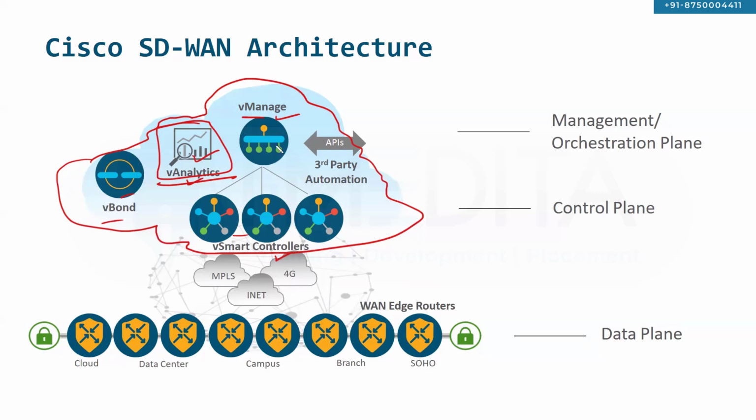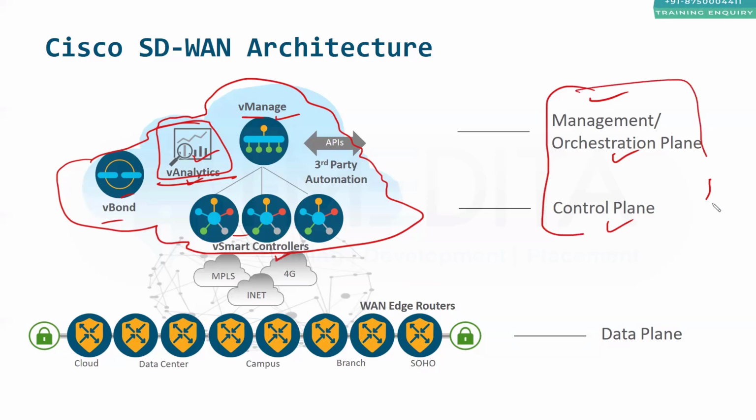Now, if you compare this architecture with some other SD-WAN vendors like Silverpeak, or maybe you want to compare this with Velo Cloud, most of them have got a single control component that works as a management plane, an orchestration plane, and also a control plane.